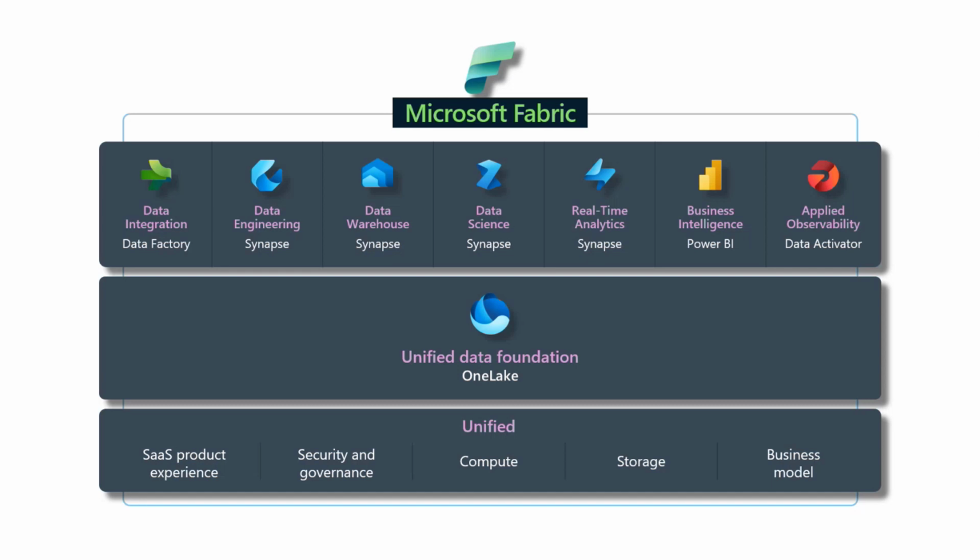So with Fabric, as we are seeing, a lot of similar names, but we also have different experiences. And as we go through this presentation, the intent is to delineate the difference between what we have on our Azure stack and how it works on Fabric.